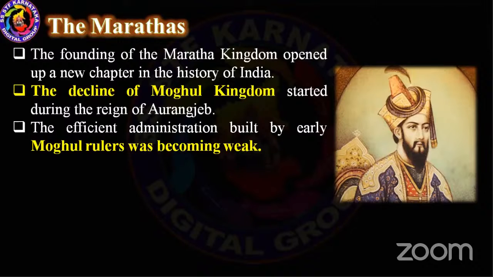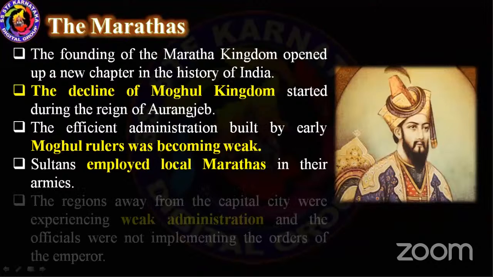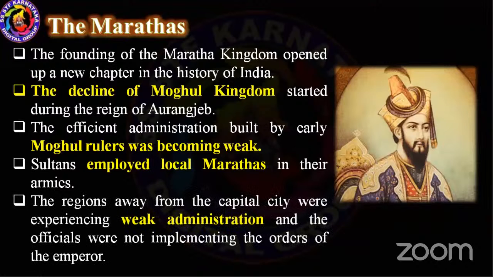Because of all these incidents, their rule was becoming very weak. Sultans employed local Marathas in their army. The regions away from the capital city were experiencing weak administration, and officials were not implementing the orders of the emperor.